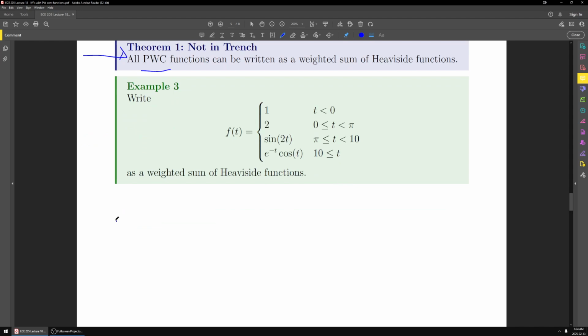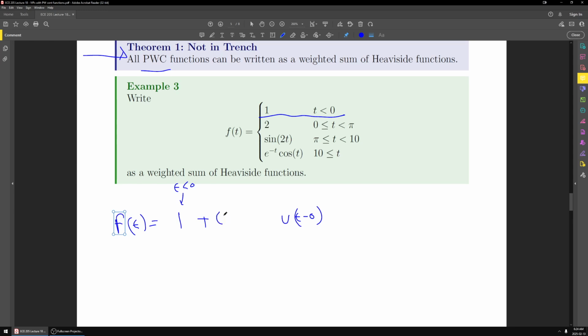So what I want to do is write f of t by turning functions on and turning functions off at the appropriate times. So 1 is my first branch here. So I can just say, well, I'm going to start with f of t is 1. And this particular statement here is valid for t less than 0. Right? If t is bigger than 0, then this is wrong. So if t is bigger than 0, I want to use a Heaviside function, u of t minus 0 technically, and I want to use this guy to turn on the 2 term and turn off the 1.